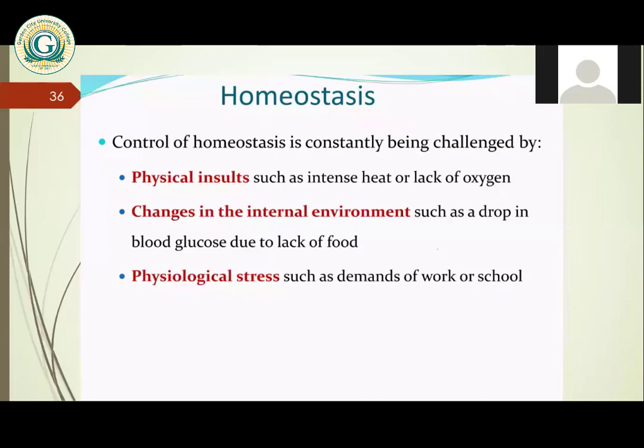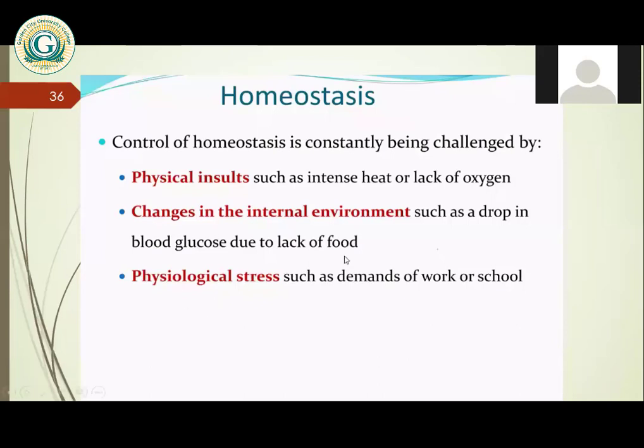In fact, everything inside of you needs to be maintained in a constant environment so that the cells and tissues can survive and work well. If changes deviate these parameters far away from the set point or normal range, then you are sick or you can die. So we are trying to maintain a nearly constant internal environment for the organs, tissues, and cells to survive and work effectively.